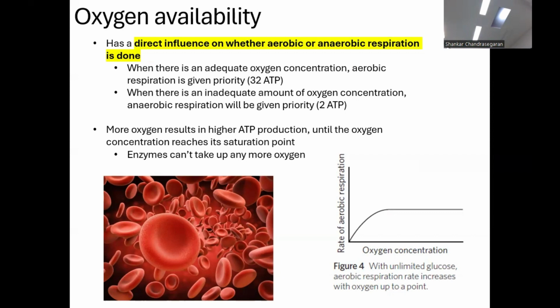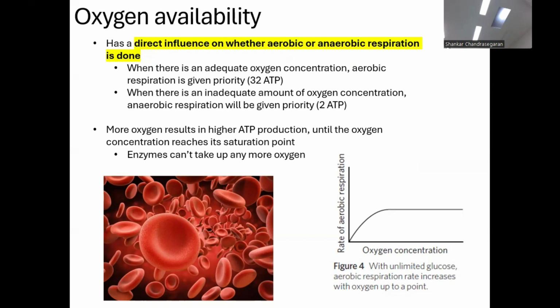So essentially, if you give it enough oxygen, it will start to undertake aerobic respiration. But as always with enzymes, there's a point of saturation where the enzymes literally can't take up any more oxygen. So enzyme availability will become your limiting factor at the saturation point, causing it to plateau and have a consistent rate of aerobic respiration.